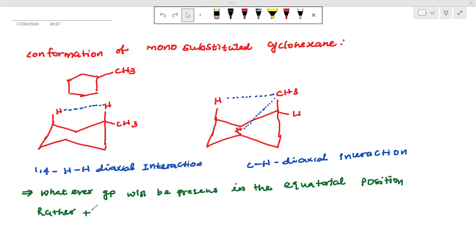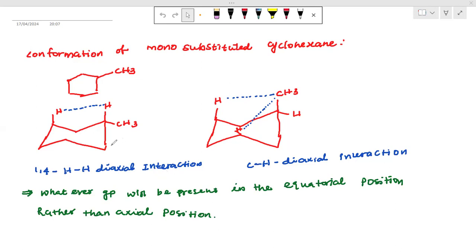Whatever the substitution may be, it should be present in the equatorial position rather than the axial position.